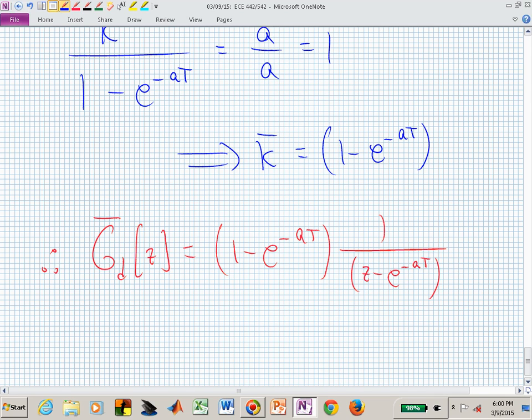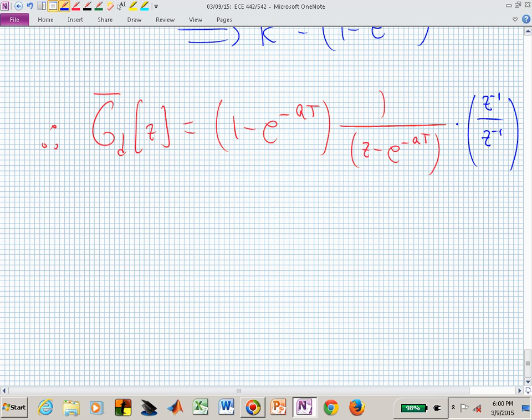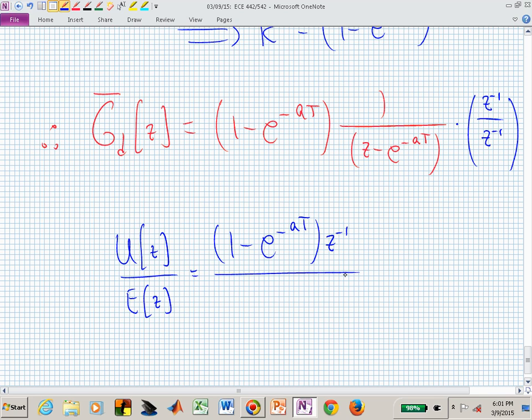And if we want to look at what the difference equation associated with this g sub d bar looks like, we can again convert it to be made up of delays instead of advance operators. And we now have 1 minus e to the minus at, z to the minus 1. Again, that 1 minus e to the minus at is just a numerical value. And downstairs we have 1 minus e to the minus at, z to the minus 1.